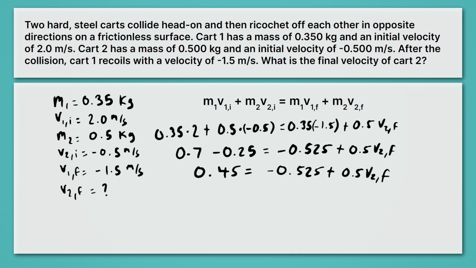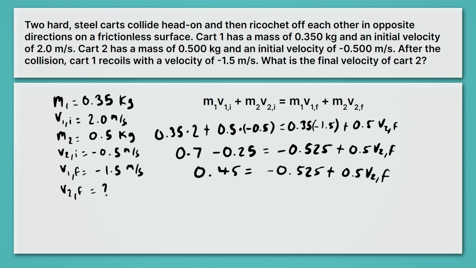All right, we're getting there. Now we're going to add 0.525 to both sides. And that'll get rid of that. Okay, so we're adding it to both sides. Just to give us enough space here, I'm going to erase that now, but we're adding it to both sides.